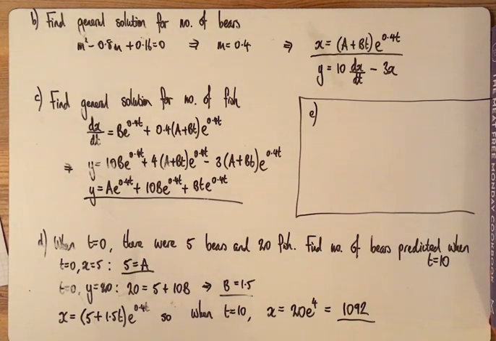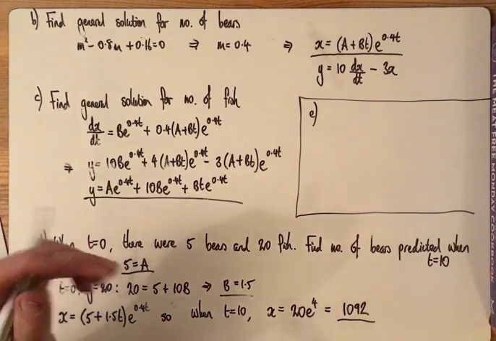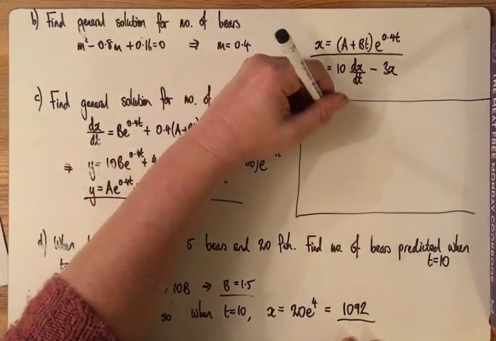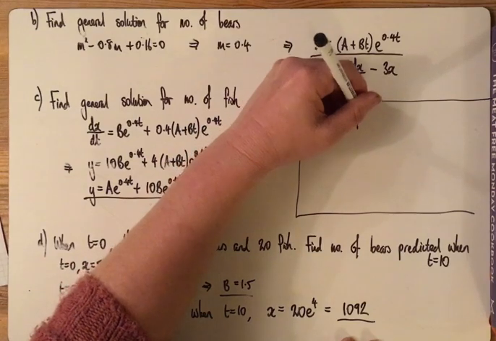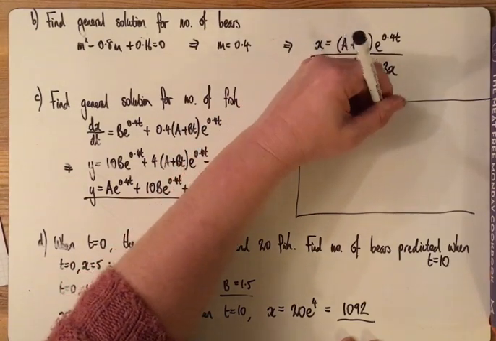If you're looking at what's happening here, there's growth without limit, which is unrealistic. That's quite a common thing to criticise on a model. It's not the most sophisticated of models for predator-prey.